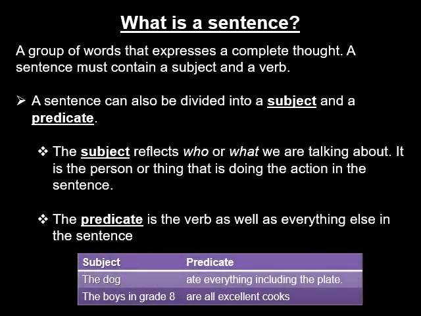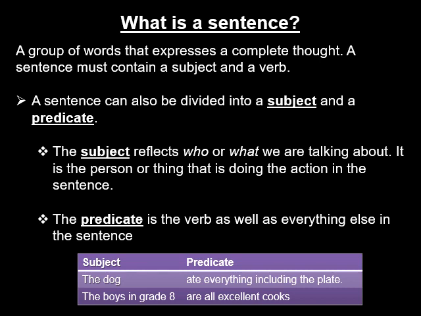So here are some examples. The dog ate everything, including the plate. As I told you previously, the key to any sentence is the verb. So if you identify the verb first, you can unlock the subject as well as the object when we get to that.